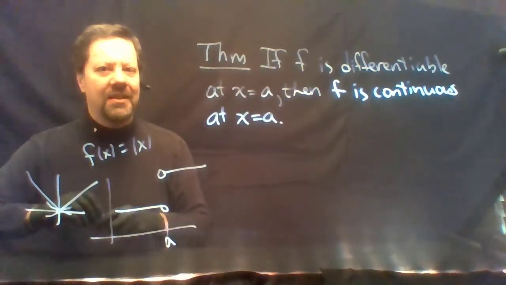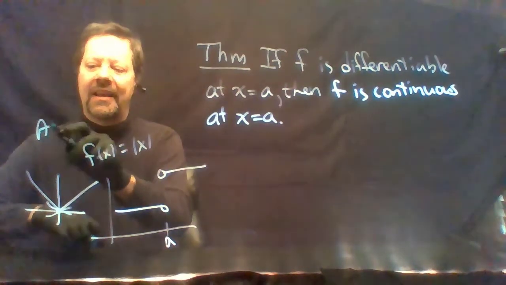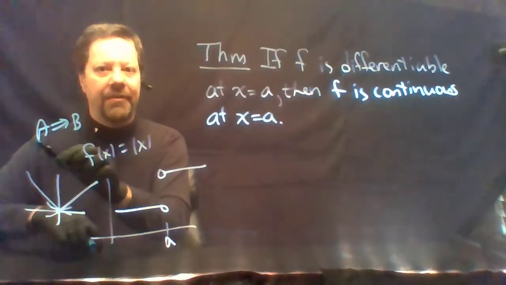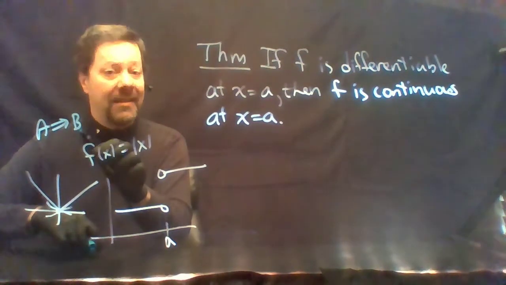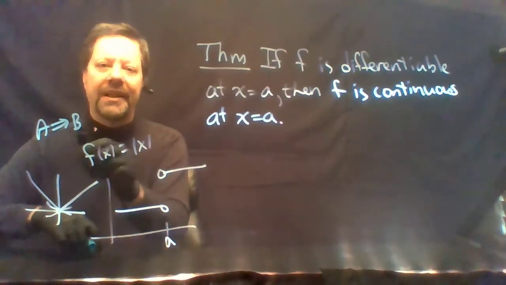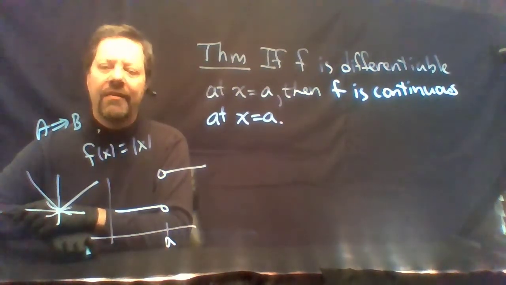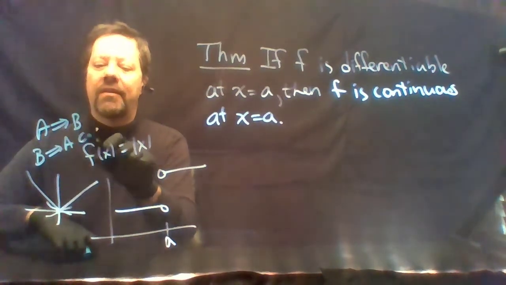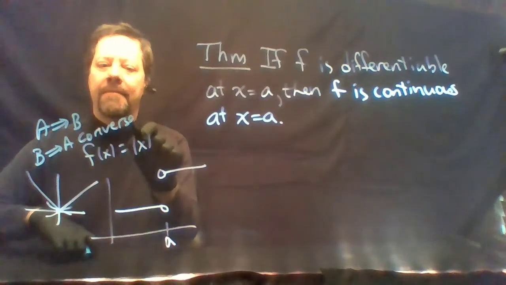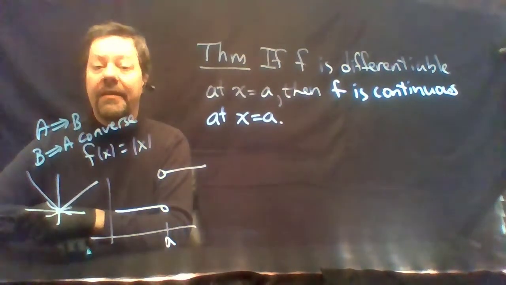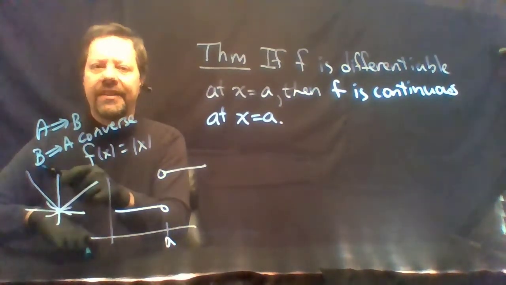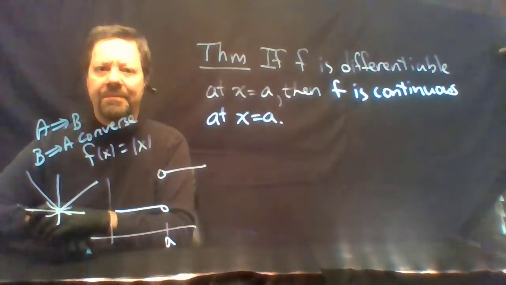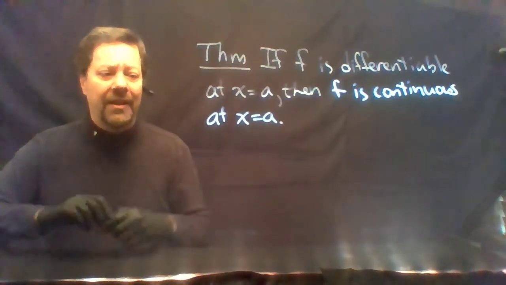Notice this theorem is in the form statement A implies statement B, where statement A is f is differentiable and statement B is f is continuous. So differentiability implies continuity. The converse of this statement, B implies A, is false. You can have continuous functions that are not differentiable, and the absolute value is a perfect example. Remember the definition of continuity?